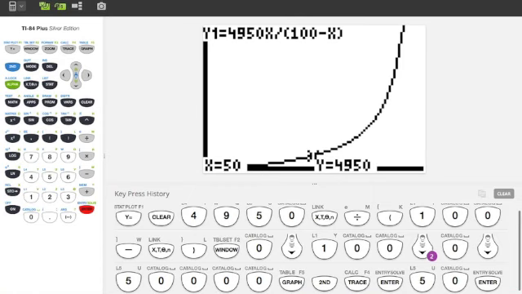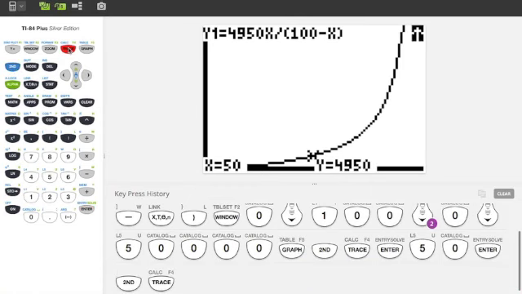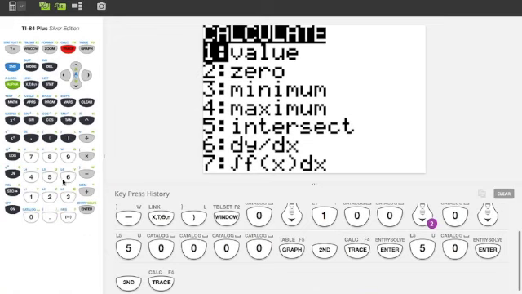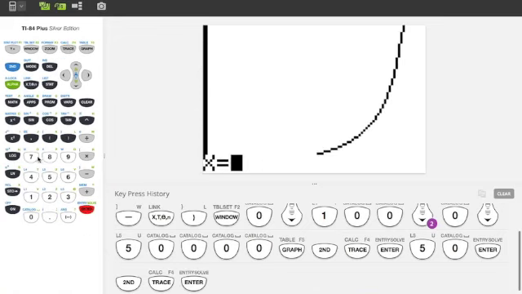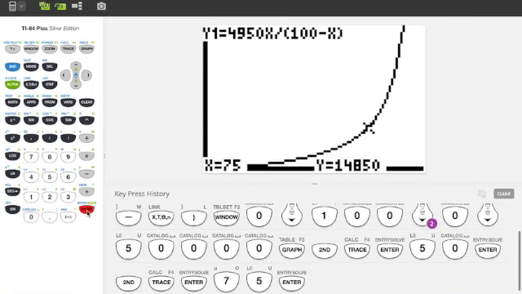We can find a different value. P equals, maybe we want to remove 75% of the pollution. So 75, enter. Now it costs $14,850. We could do that for a variety of different things.